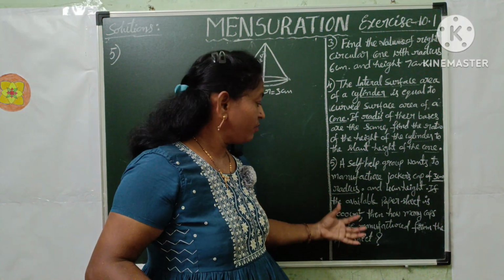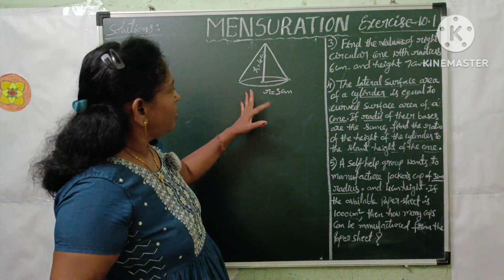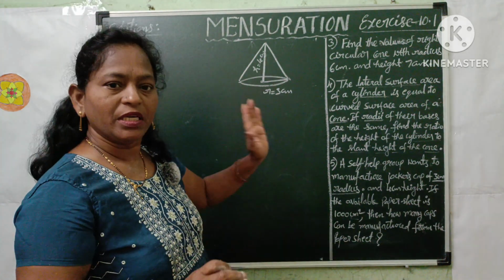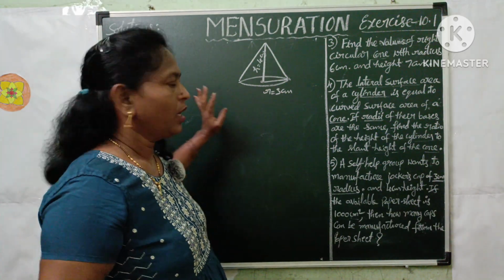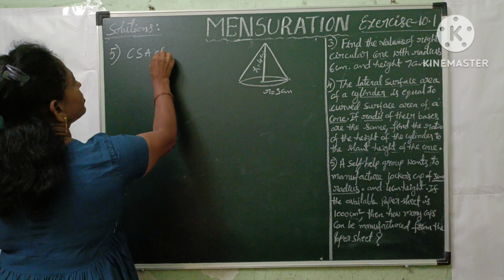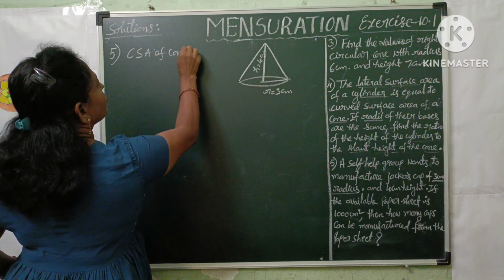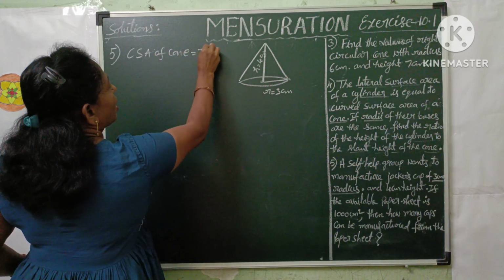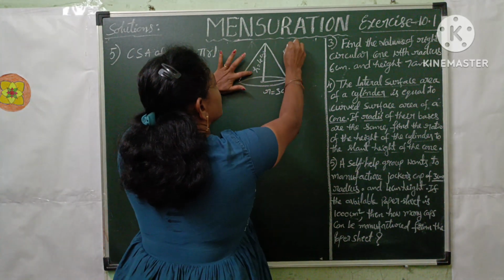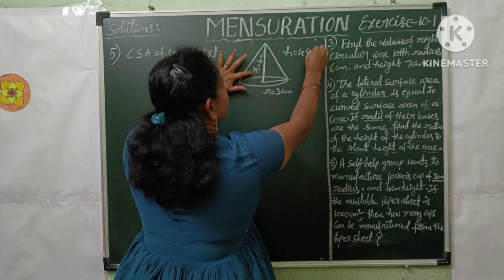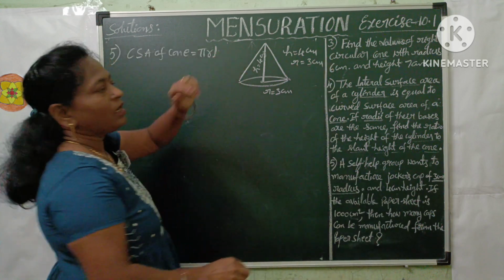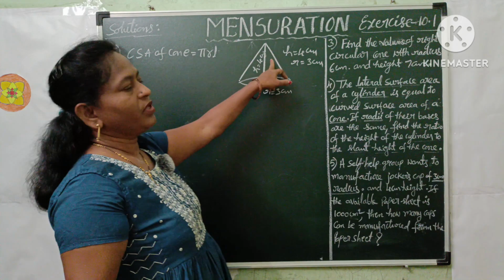Here we need to find how much paper is required for one cap, which means the curved surface area. So CSA of cone is pi r l. Here the height of the cone is 4 centimeters, the radius of the cone is 3 centimeters. L we don't know. L is the slant height of the cone.